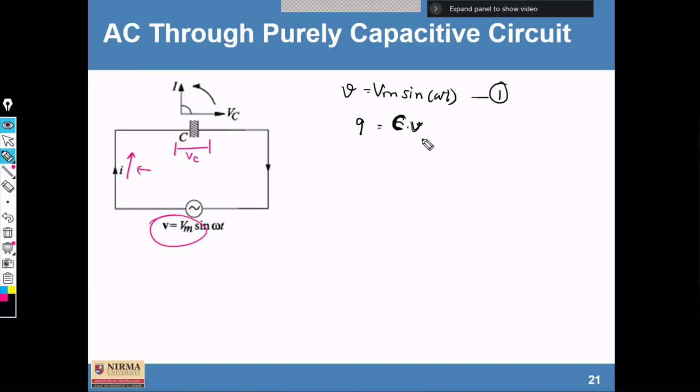We also know that the current flowing is nothing but dq by dt, the rate of change of charge with respect to time. With the help of these three equations, we can derive an equation of current I. By simply inserting the value of Q here, we can find the expression of I.